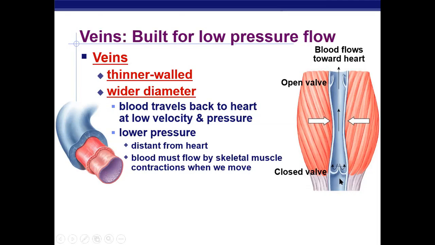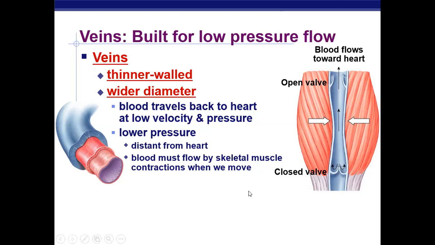So the contracting of your muscles, the moving of your muscles, is helping to push that blood back to your heart. And then you can see these valves here. So this blood is flowing upward. See the arrows going upward here, right? And as it flows upward, these valves will close behind it. Each time the heart beats, when it relaxes, these valves close, and that keeps blood from flowing back toward the heart.